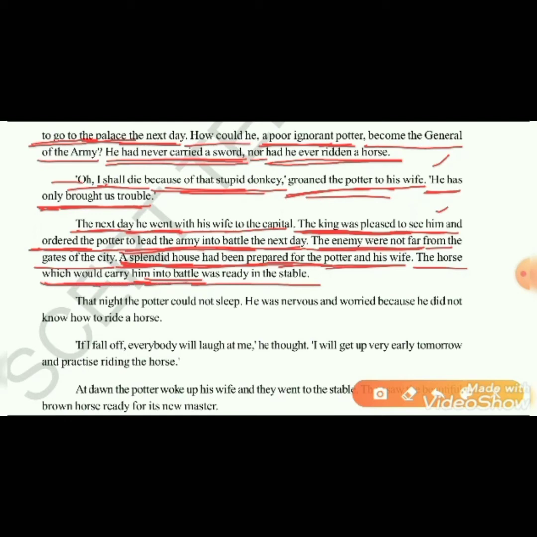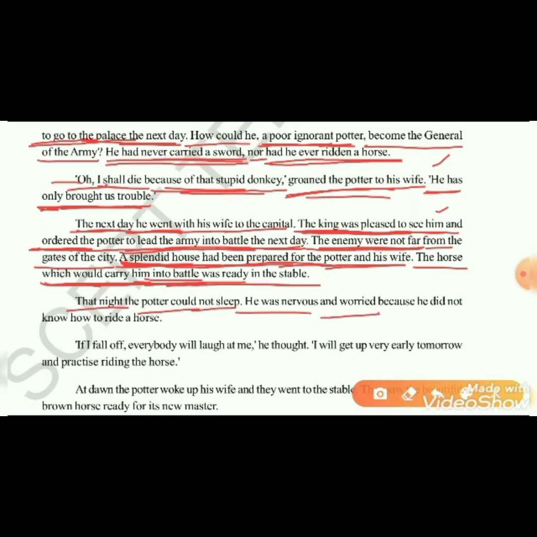Next day morning, he must prepare himself to go to the forest and fight with the enemy. Fight with the enemy, right? Yeah. That night, the potter could not sleep. Though it was a splendid, rich house, the potter could not get sleep the whole night.